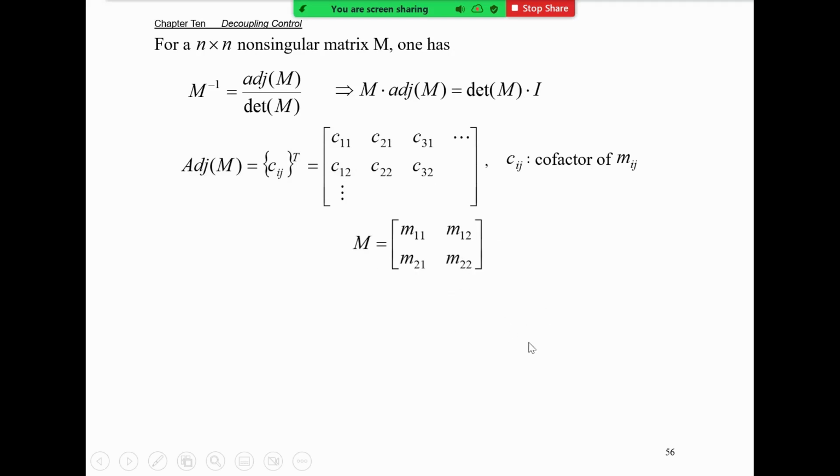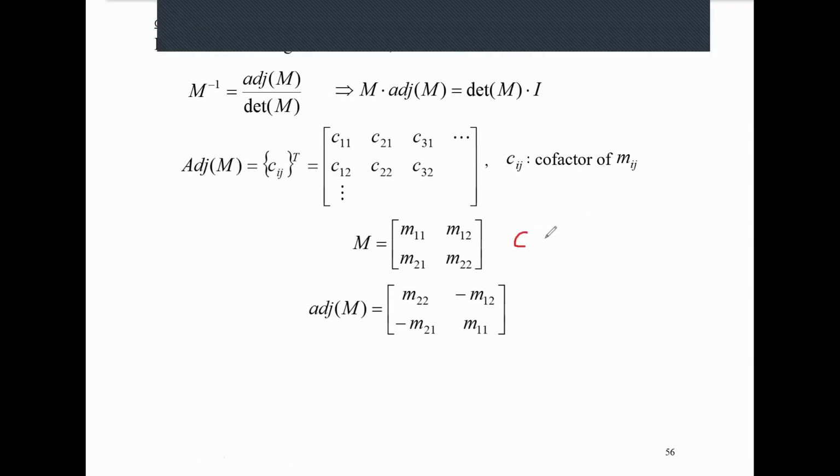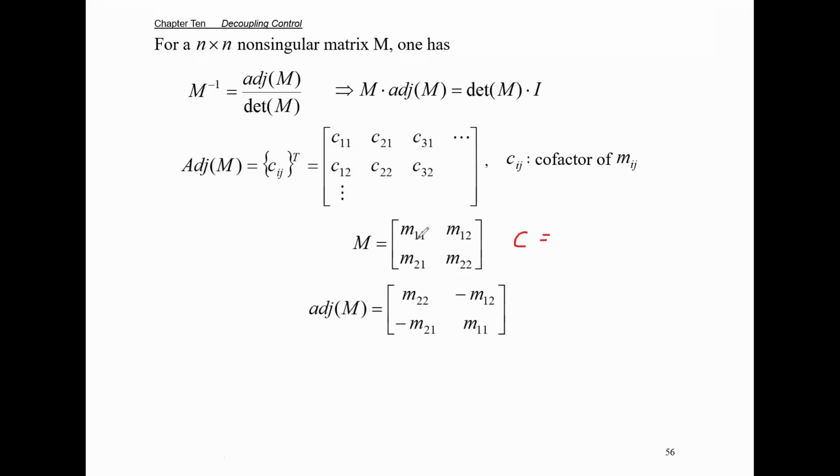Just let me give you one example. You first get the cofactor of this one. You say, okay, I'm going to get this one. You take out those two, you get this M22. Then you say, I'm going to get this one, you get minus M21, because this is positive, then this is negative.